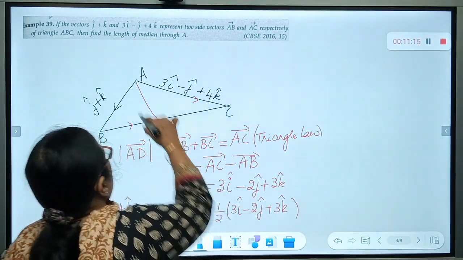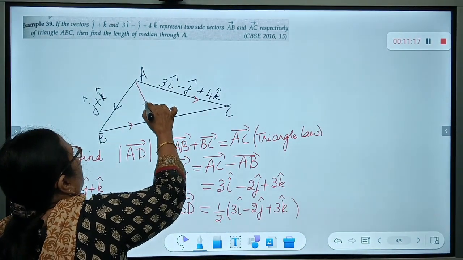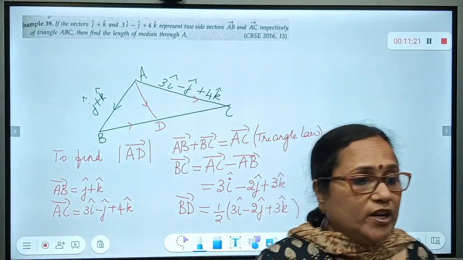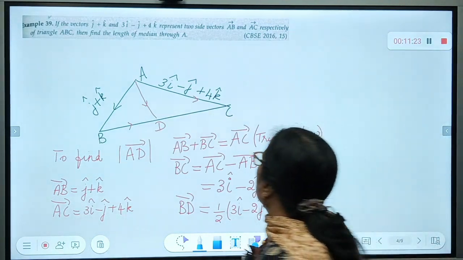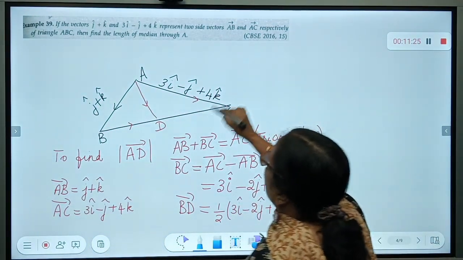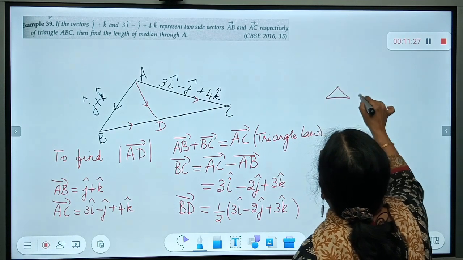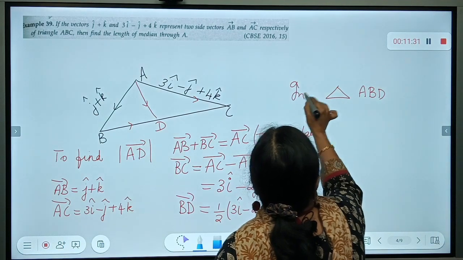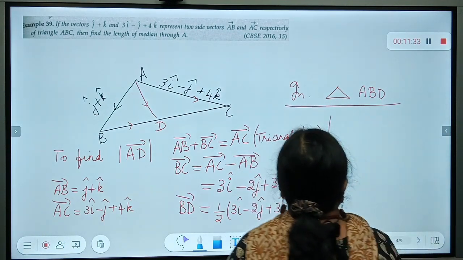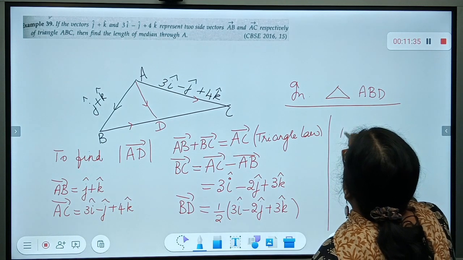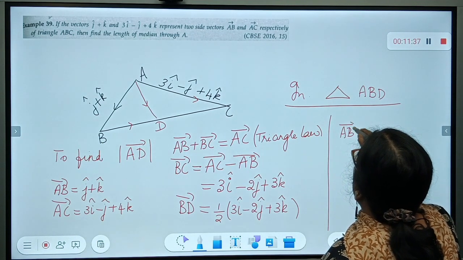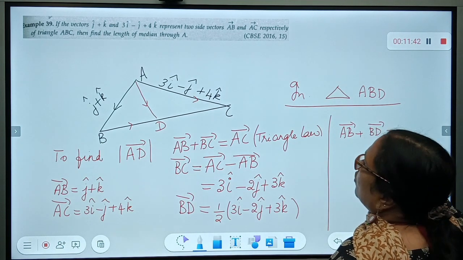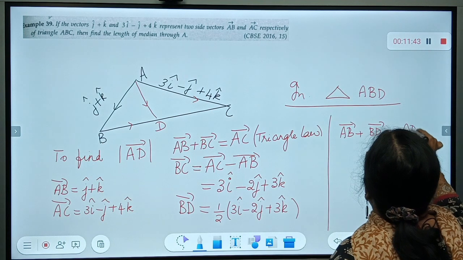Now, what is it that you want to find? You want to find AD vector. Once you know AD vector, its magnitude will give you the length of the median. Now, if you look at the triangle ABD, what do you observe? AB vector plus BD vector equal to AD vector.